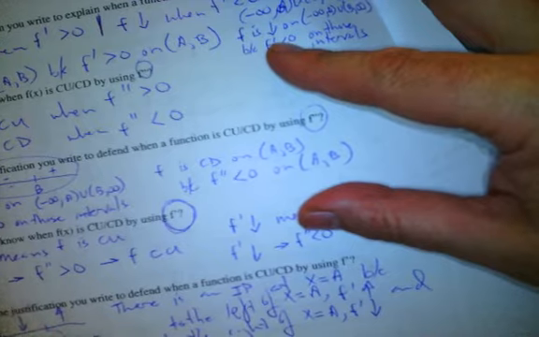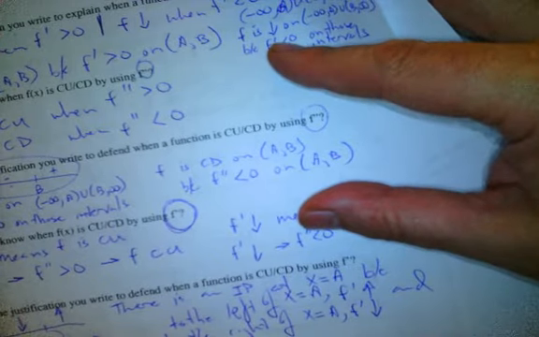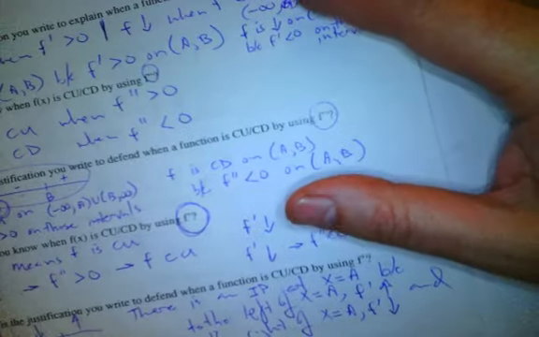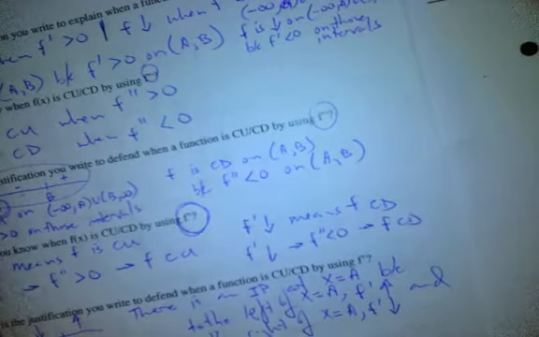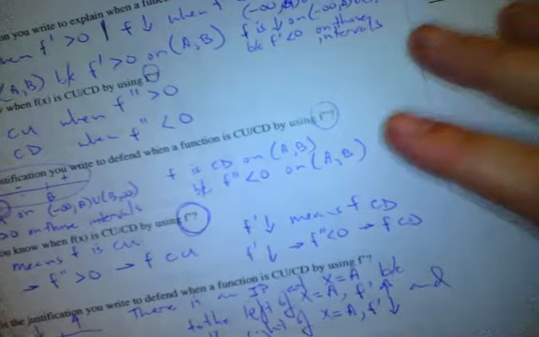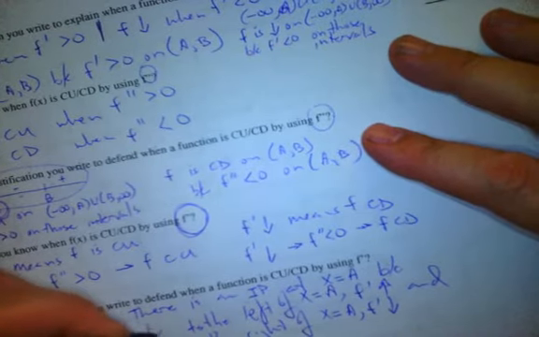But I also have this inflection point at b, and so I would say there is an inflection point at x equals b, not on f prime, not on f double prime, but on f of x.